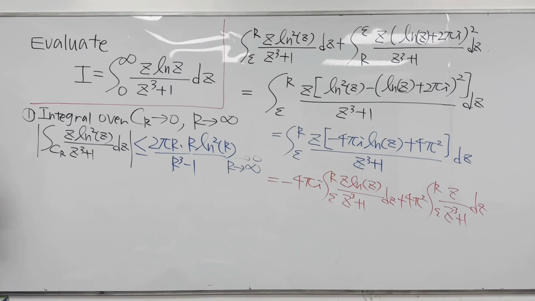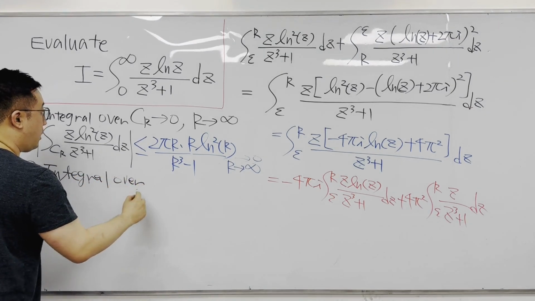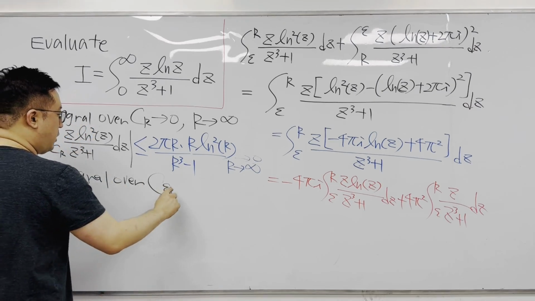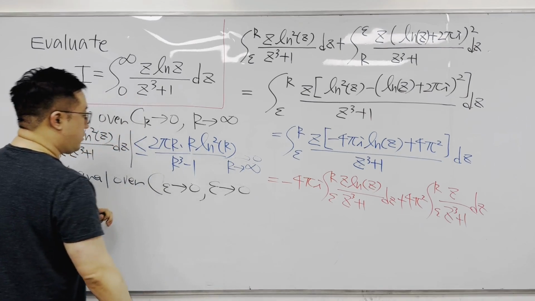And then number 2, what happened to the integral over C_epsilon? So the second integral over C_epsilon will also go to 0 if epsilon goes to 0.